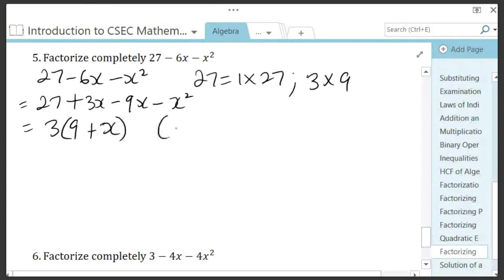Repeat the brackets here, 9 plus x. Minus 9x divided by 9 here is minus x. Minus x multiplied by positive x is minus x squared. So we're going to factorize out here. This is 9 plus x, and this here is 3 minus x. Okay?